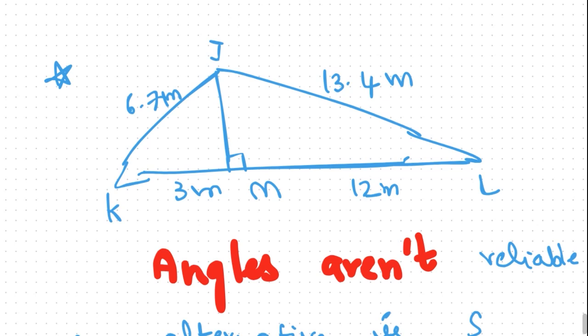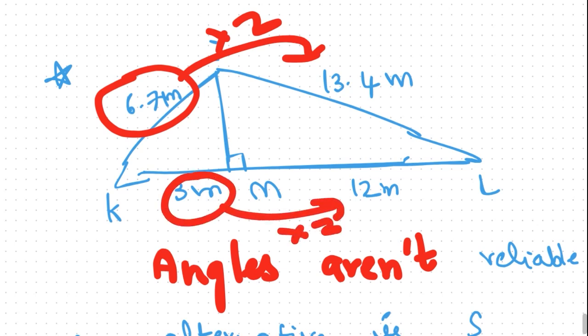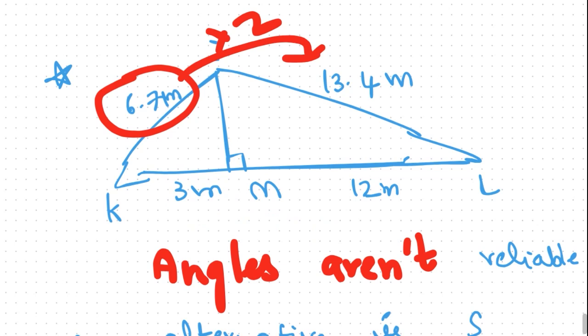Are they following any side ratios? The sides, like the measurements. Well, think of it this way. This one and this one, it's like times 2. But this one is not times 2. So we don't really know.